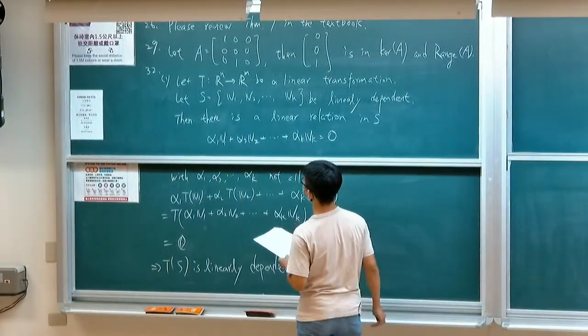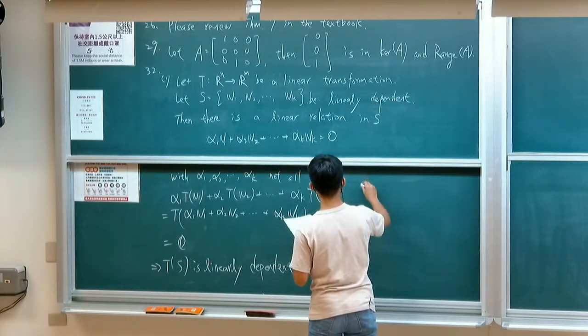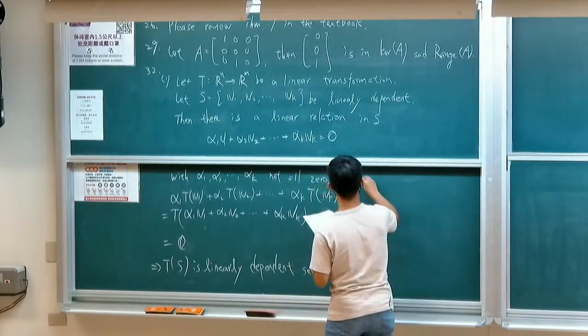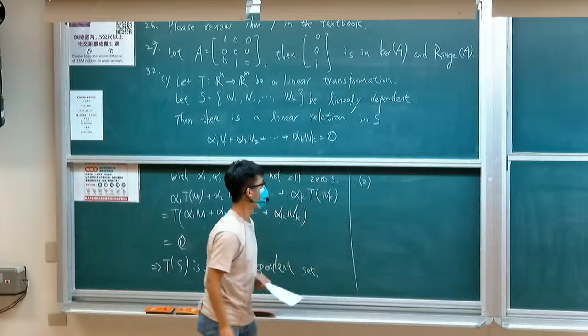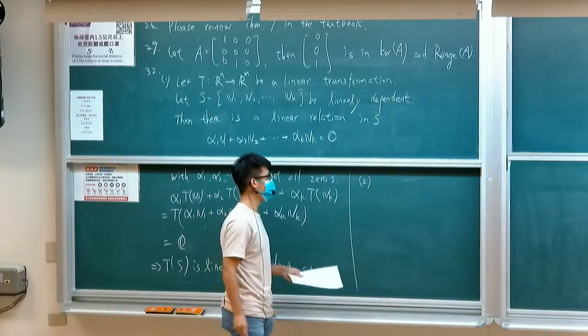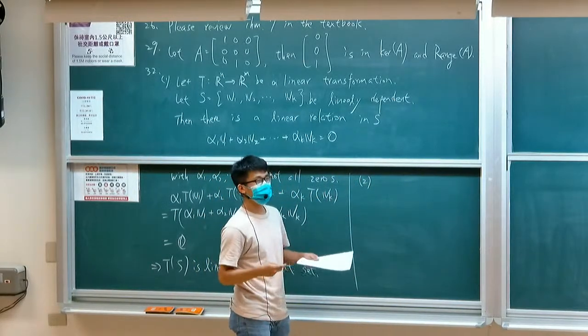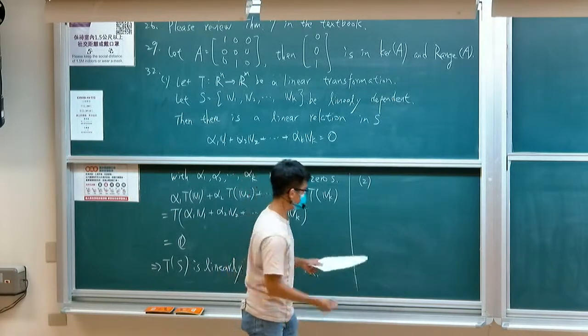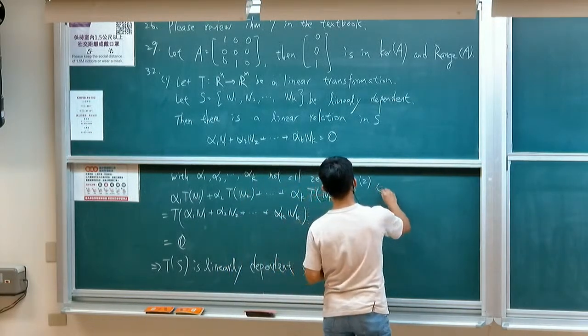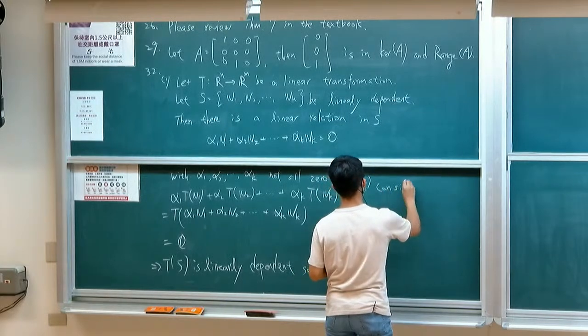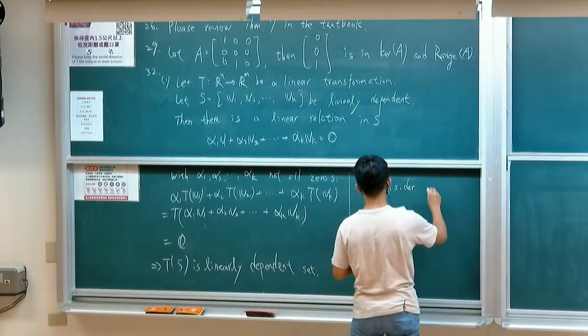For the second part of this exercise, you can just consider the zero map. A zero map is a map that maps every item to a zero vector. So you can consider the zero map in this part.